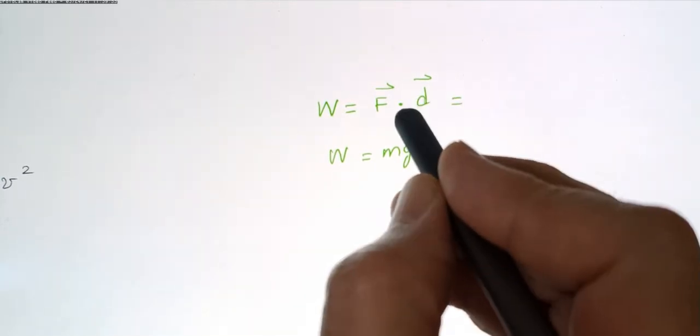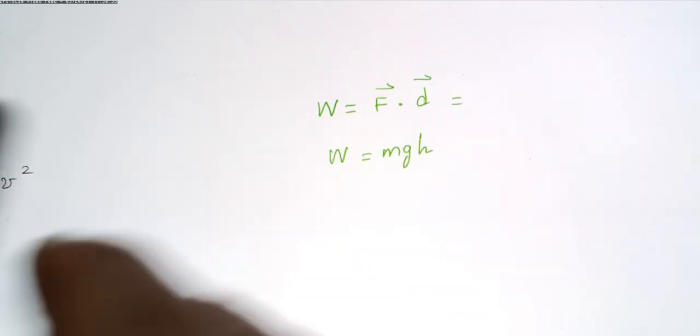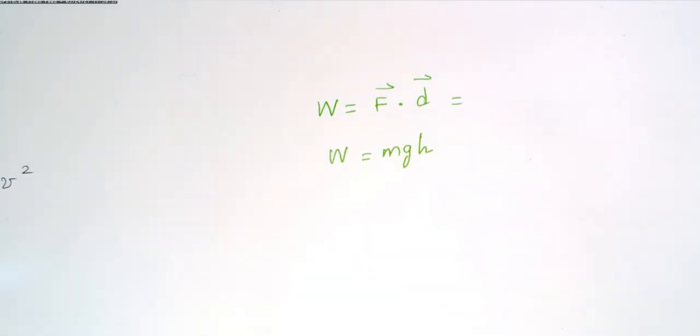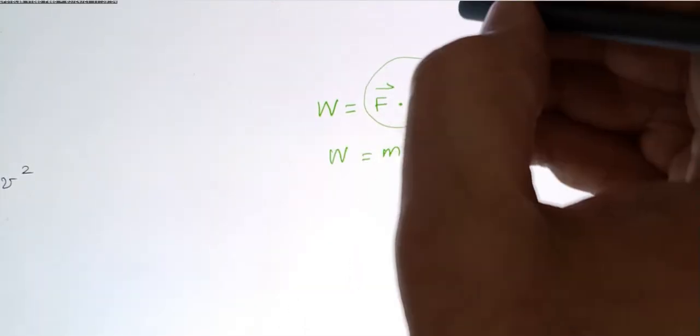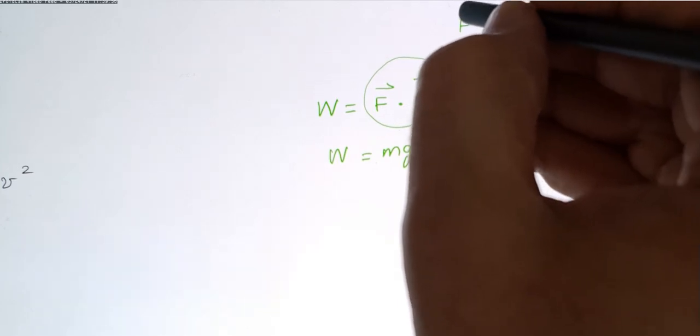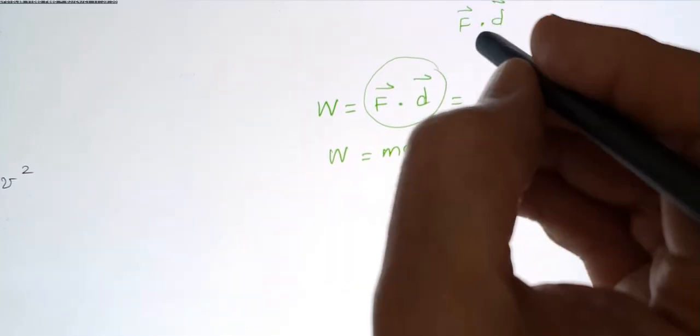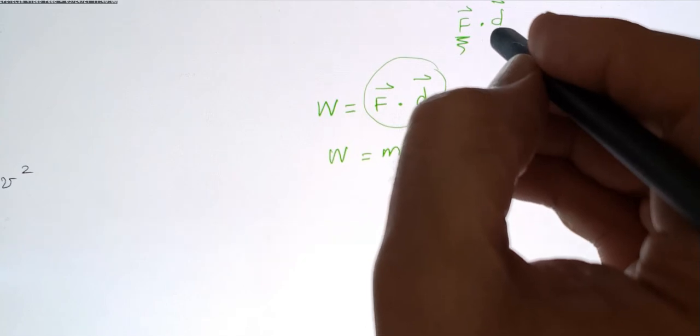How do you translate the dot product? The y direction and the x direction. Yeah, but what's the meaning of F dot d? It's the component of F in the direction of d.